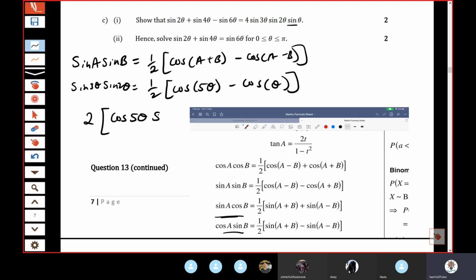Can everybody see the expansion there? Or do you actually want me to expand? Sine theta, cos theta. So then half times 4 is 2. Then it's just this bracket multiplied by sine. Can we see that?